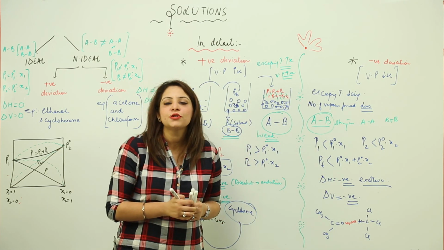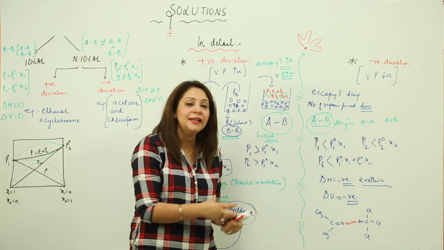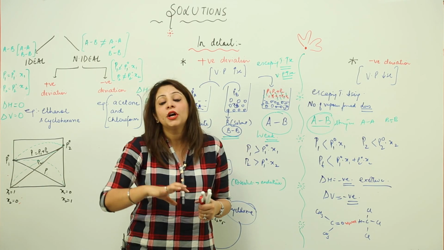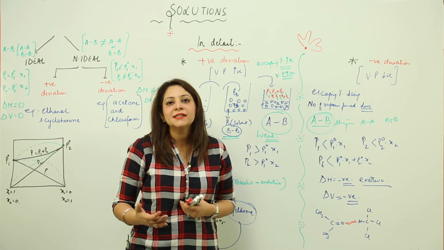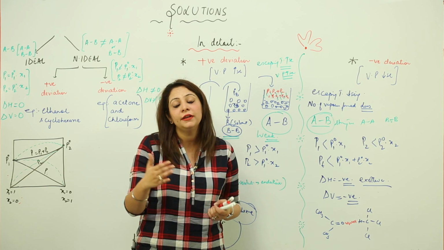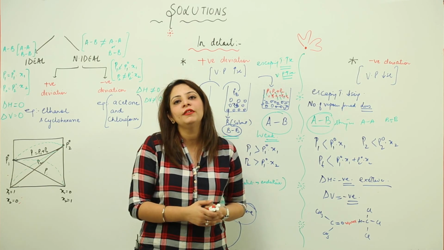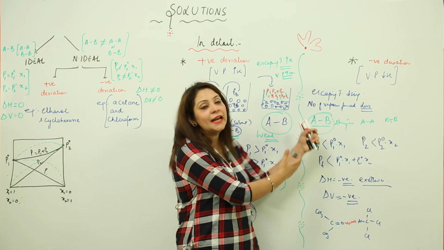And you know that hydrogen bonding increases the attraction, so obviously delta V is decreasing and delta H is negative because now there exist more attractive forces. More attractive forces means less tendency to escape. Less tendency to escape means fewer vapors formed. Fewer vapors formed means less vapor pressure, which denotes the negative deviation.